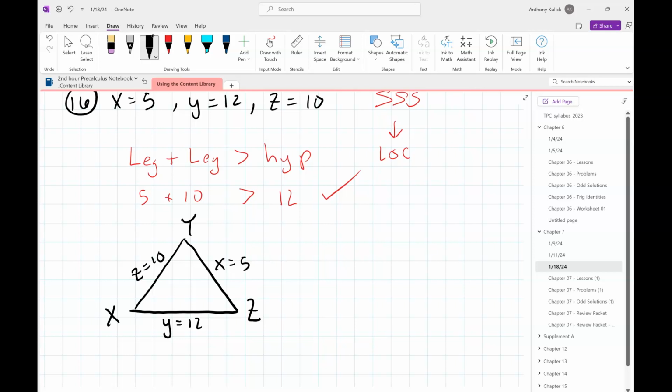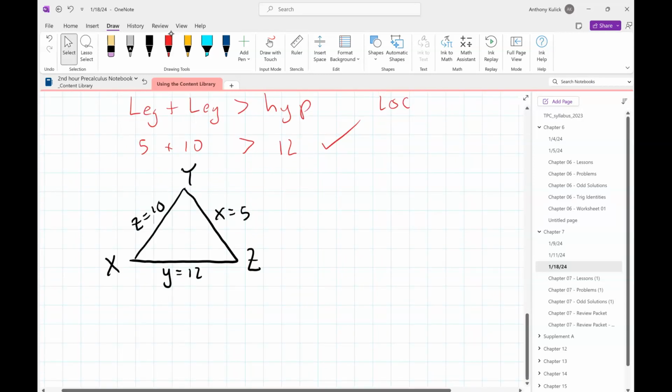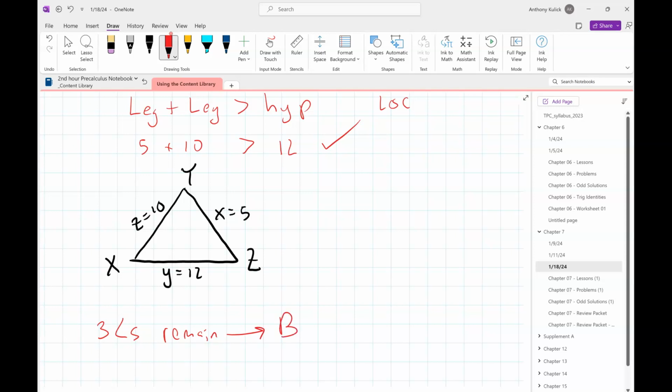Okay. So we're going to have to start by solving for an angle. Which angle do I need to solve for first when there's 3 angles remaining to solve for? The biggest angle. So Ellie, which one is going to be the biggest angle, X, Y, or Z?